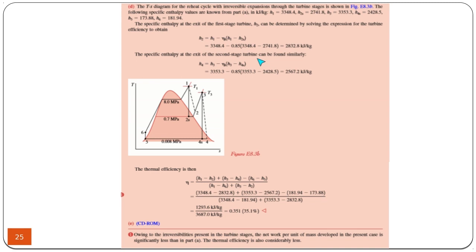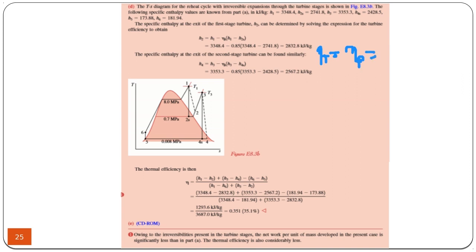In this case, we are given the isentropic efficiency for the turbine and compressor to be 75%. It's 85%, sorry. The compressor and the turbine isentropic efficiency is given as 85%.